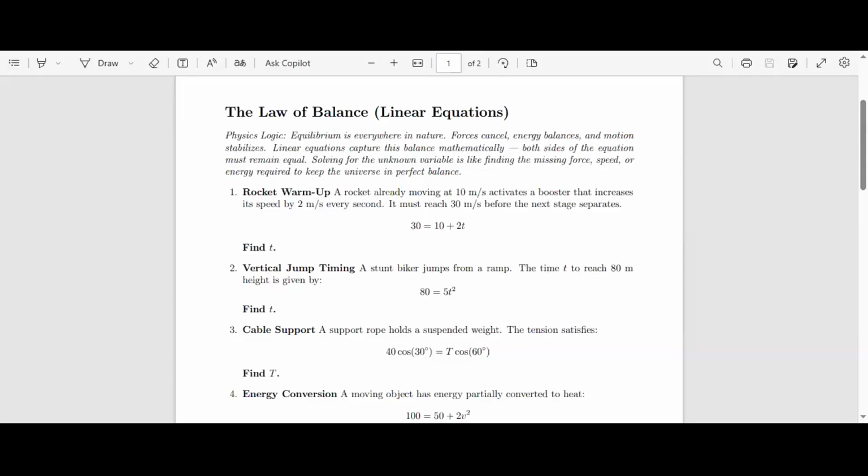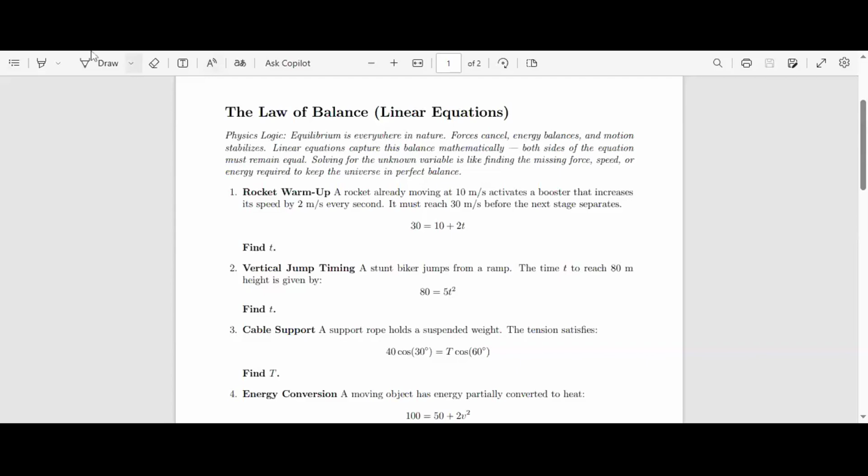So 30 minus 10 will be equal to what's left there, 2t, right? Then you take the 2 to the other side. We have taken 10 to this side, and now 30 minus 10 is on the left hand side. With that, you divide it by 2.